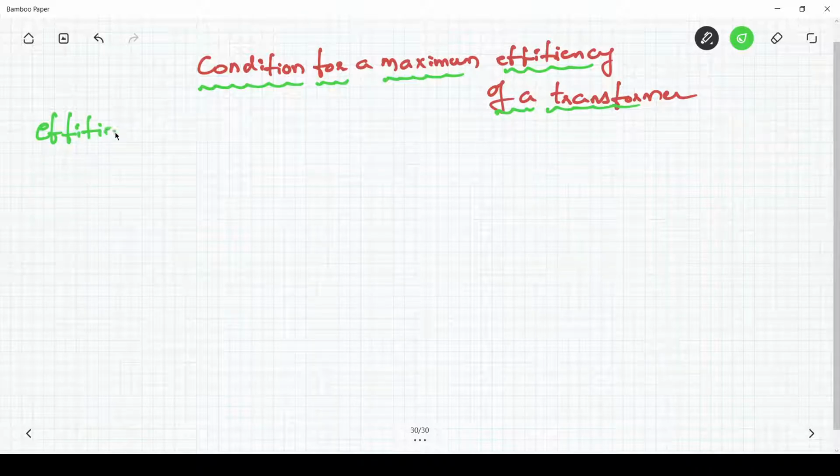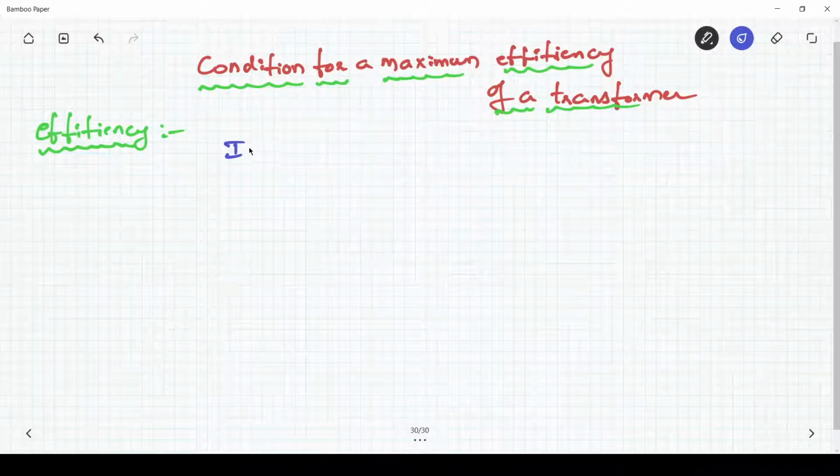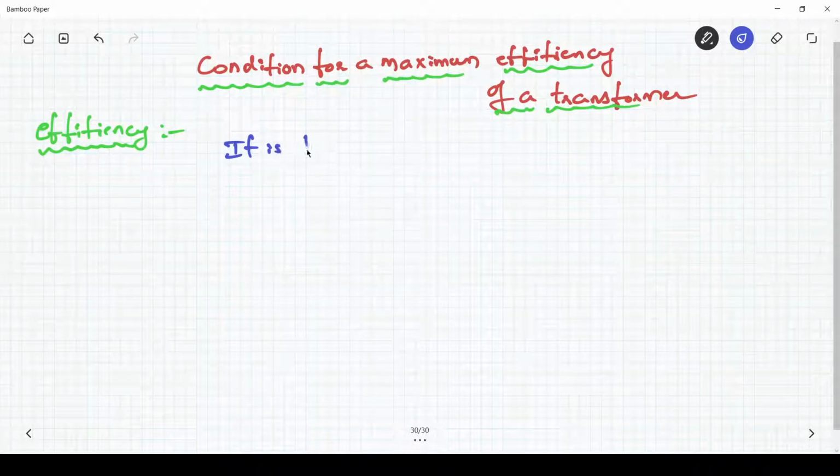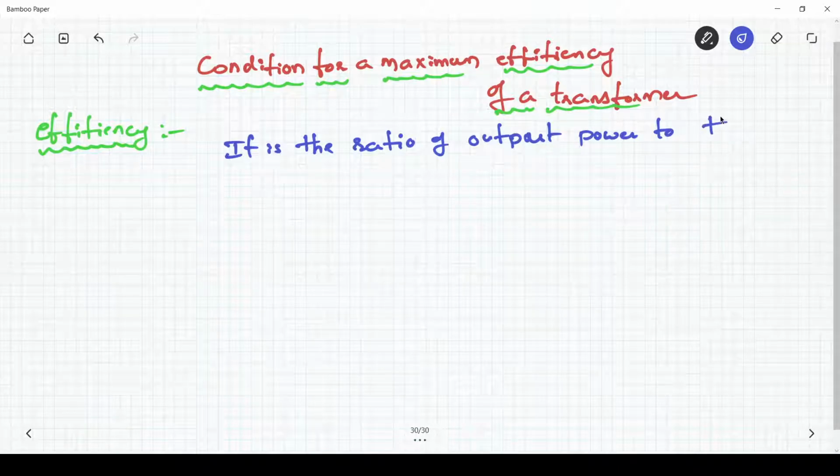What is efficiency? It is the ratio of output power to the input power.